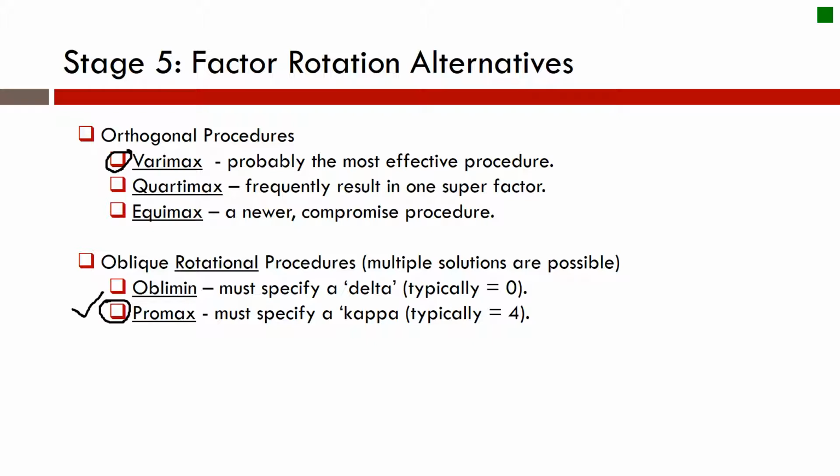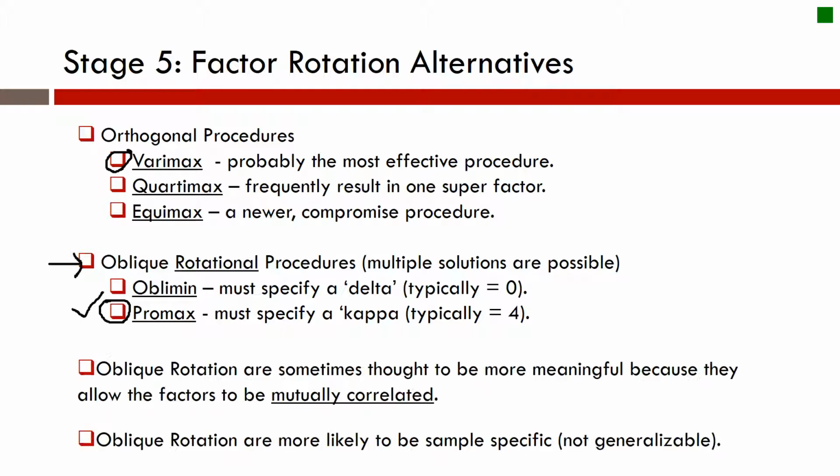So the oblique rotation allows for a more relaxed condition that would permit correlated factors to exist. That's why I generally use a Promax rotation.